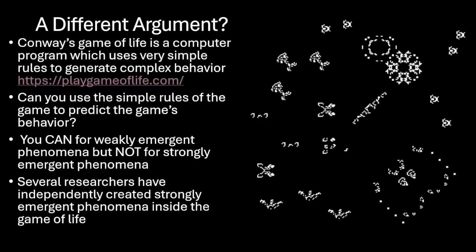That's completely perplexing because you would think that from these very simple rules, you should be able to predict anything that's going to happen. But that's not true at all. You can get phenomena within the game of life that are impossible to predict unless you understand how the bigger structure is influencing the smaller structures. So this again proves that strong emergence exists.